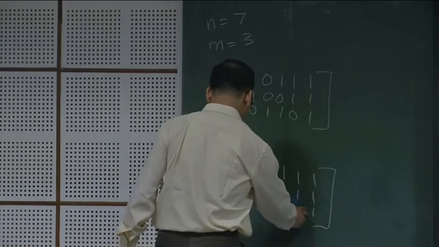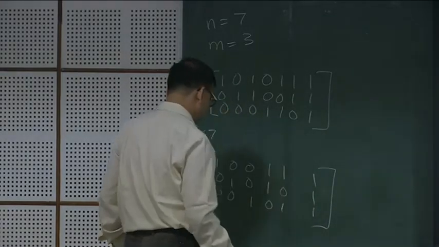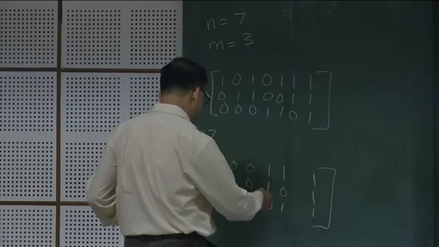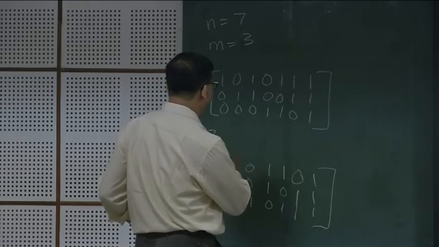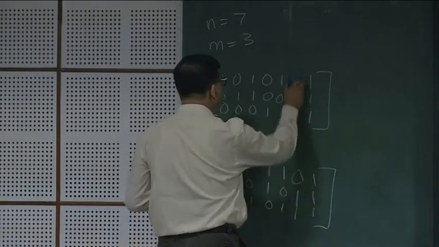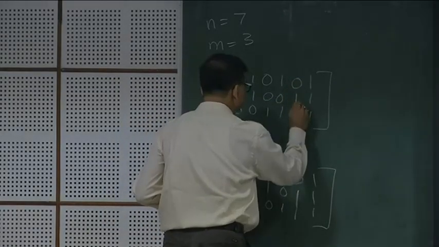Which one is this? 1 1. Which one is left? 0 1 1. Here also I repeated it. There also I repeated. Sorry.